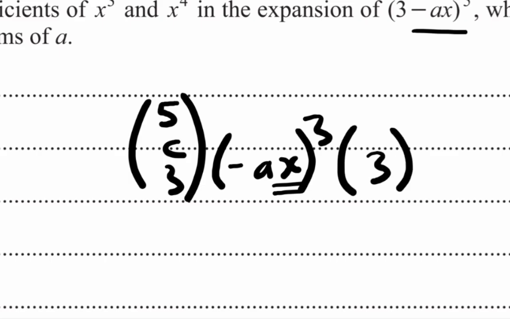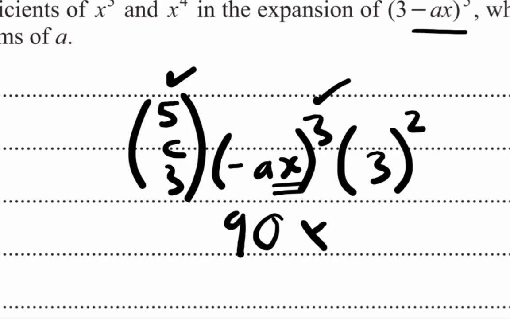Then our 3 to the power 5 minus 3, which is 2. So 5 choose 3 times our 3 squared, which is obviously 9, is 90.